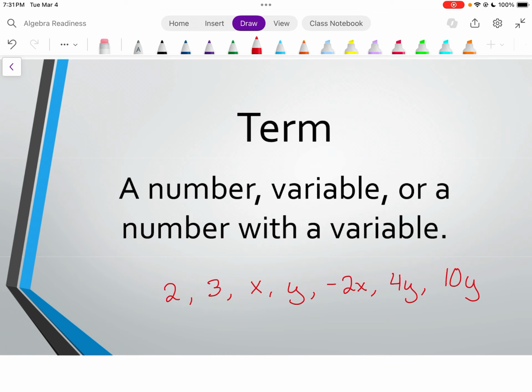These are all individual terms. Notice some are negative while others are positive. Some are just numbers, 2 and 3, while others are just letters or variables, X and Y, and some are both combined. These are examples of terms.